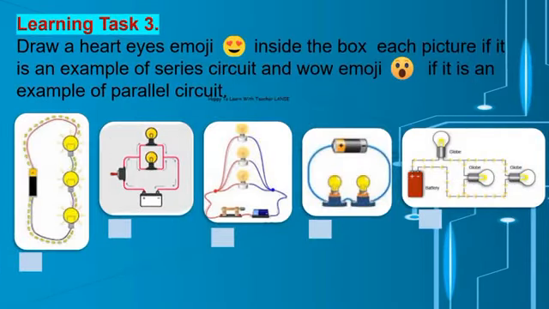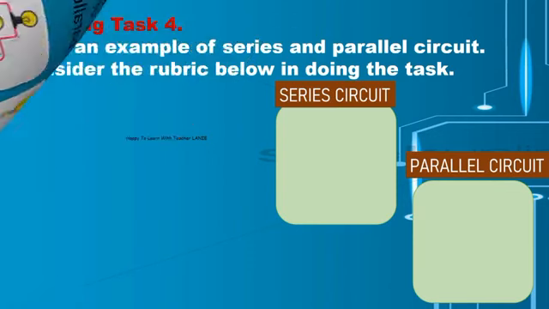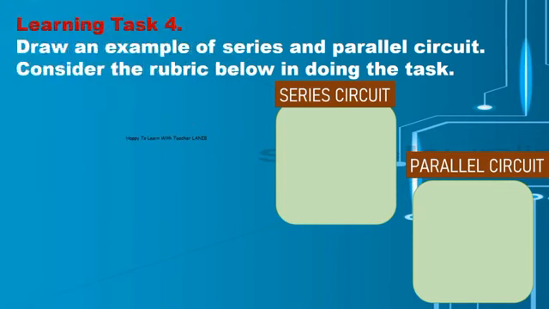Learning task number 3. Draw a heart eyes emoji inside the box of each picture if it is an example of series circuit, and a wow emoji if it is an example of parallel circuit. Learning task number 4. Draw an example of series and parallel circuits.